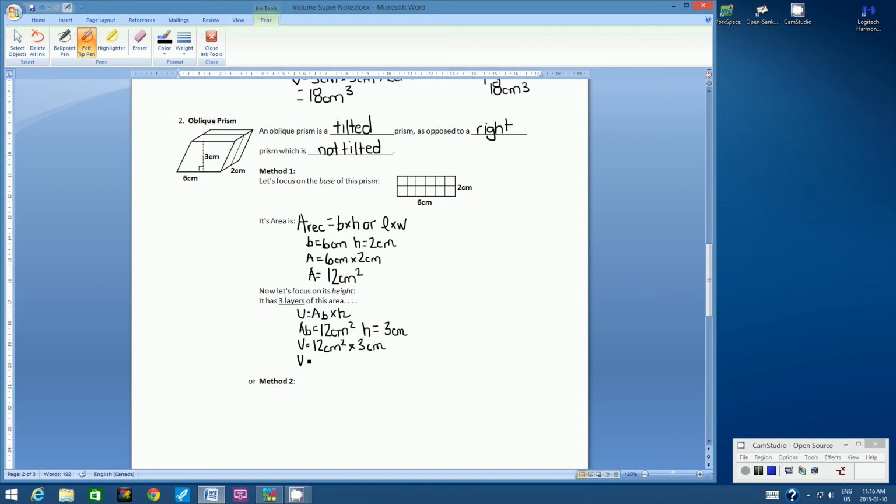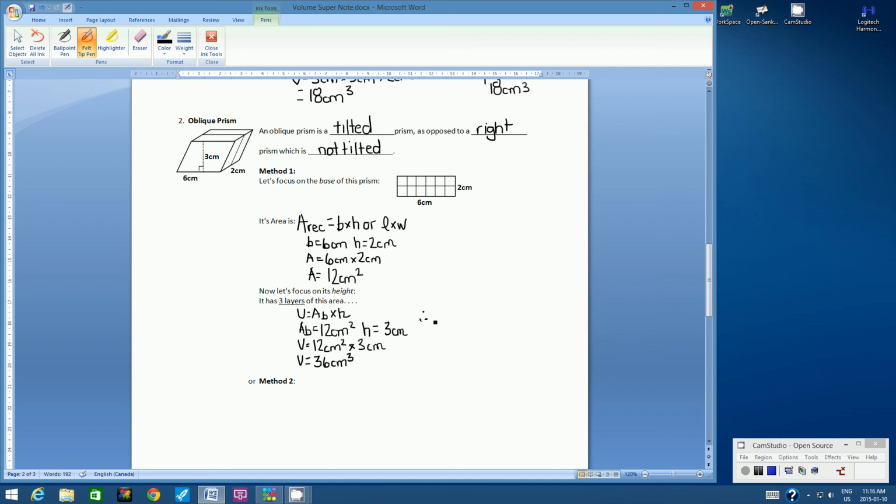And our calculation line, 12 times 3 is 36. And remember, when we're talking about volume, the units are always cubed. So we've calculated the volume, which is what our initial goal was.